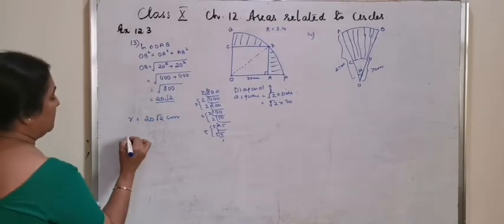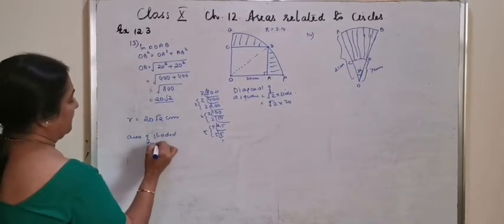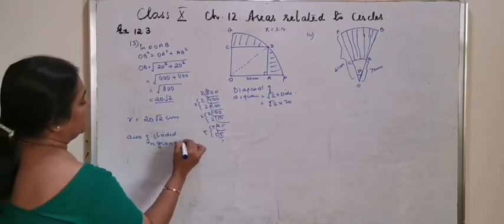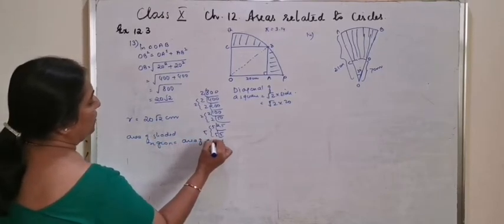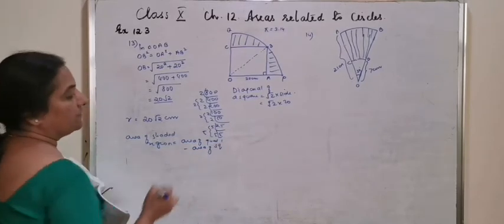And now area of shaded region is equal to area of quadrant minus area of square.